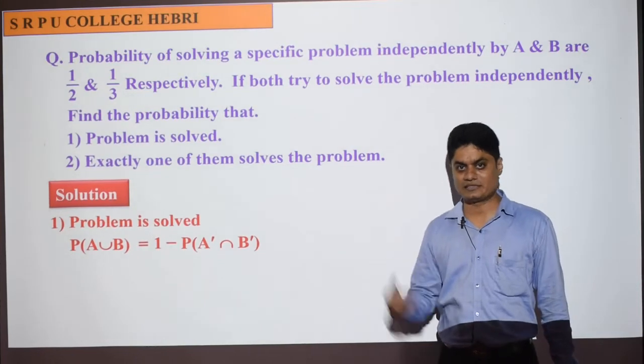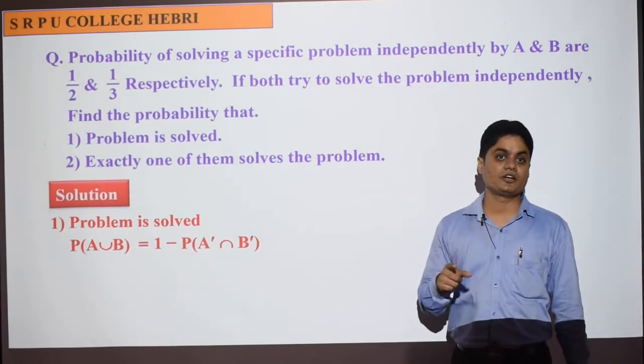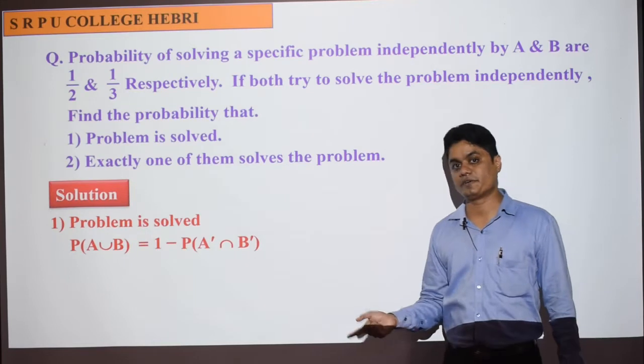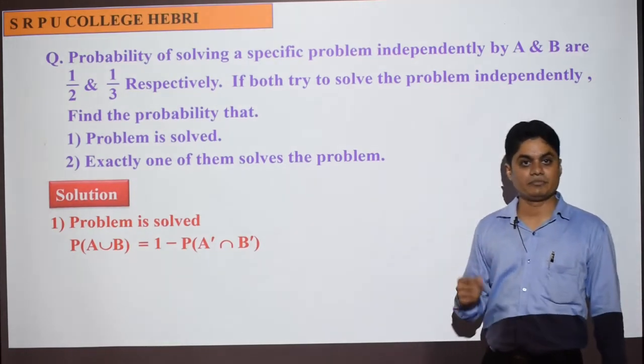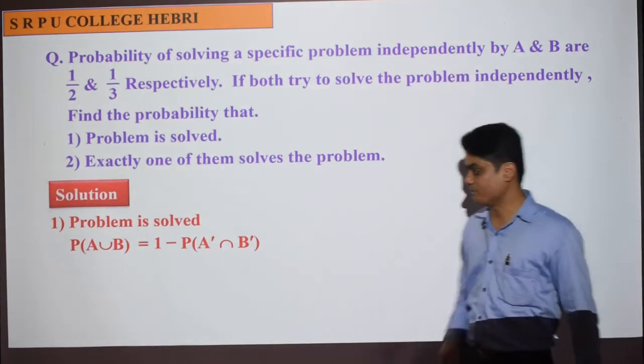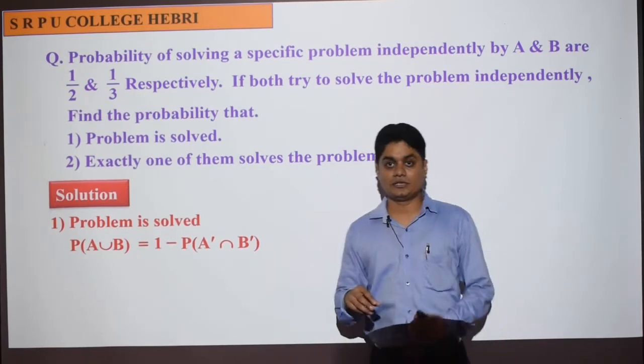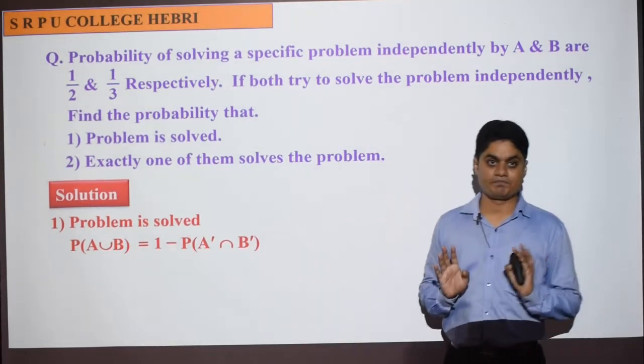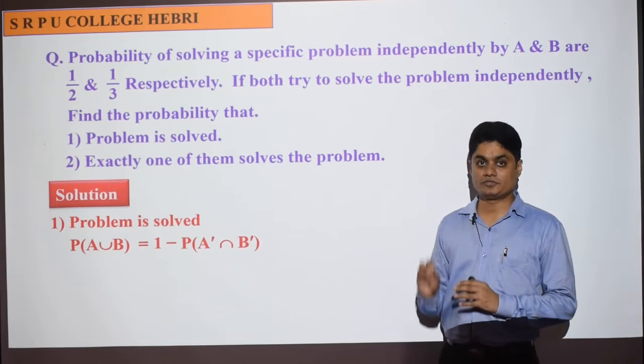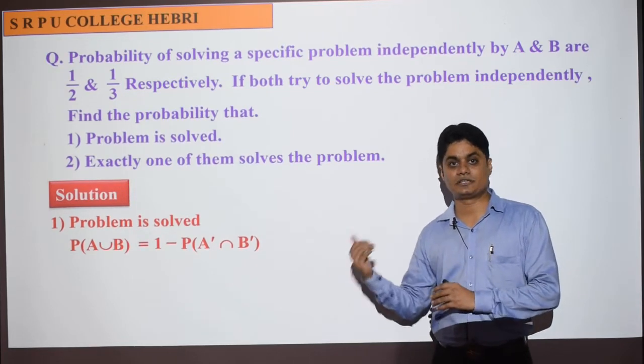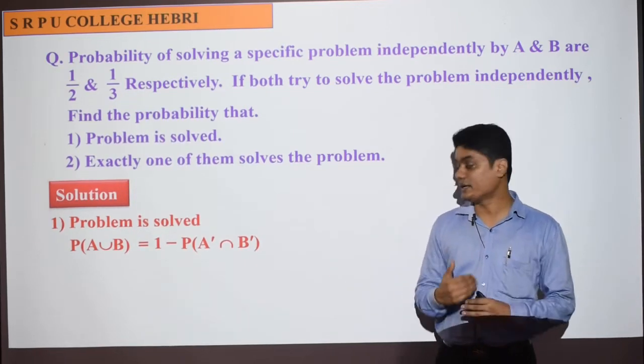You know this, you learned it last year. Probability of A complement means 1 minus probability of A, or probability of A means 1 minus probability of A complement, one and the same. Now A and B are independent: one student solving one problem does not depend on another student solving the same problem, so they are independent.